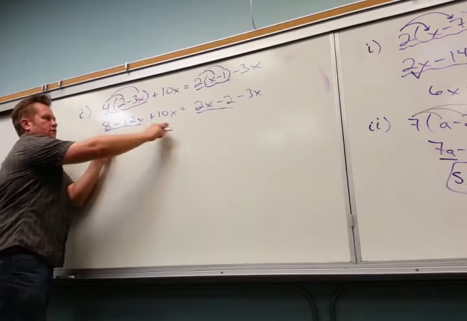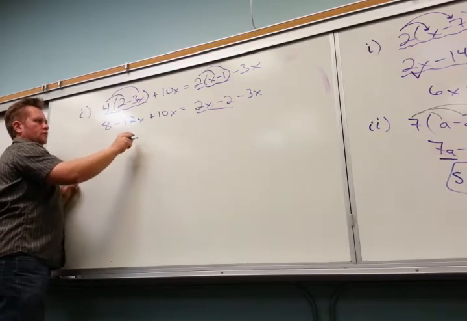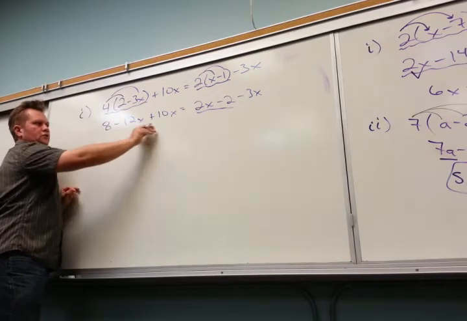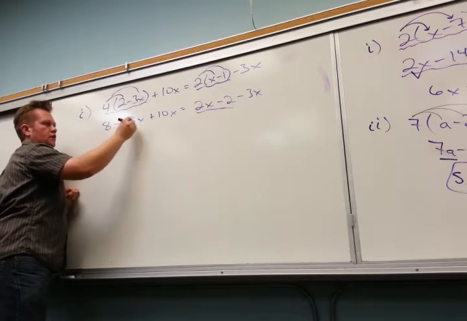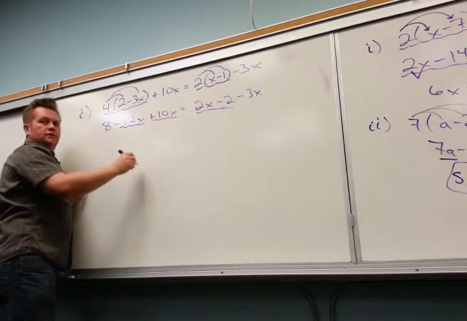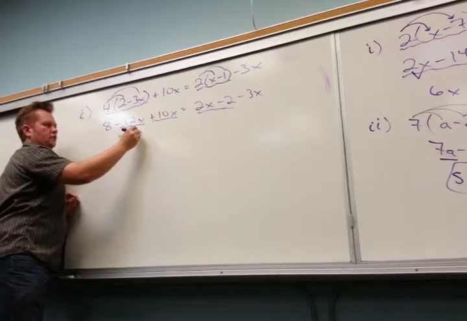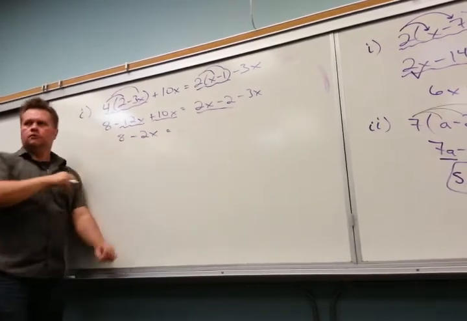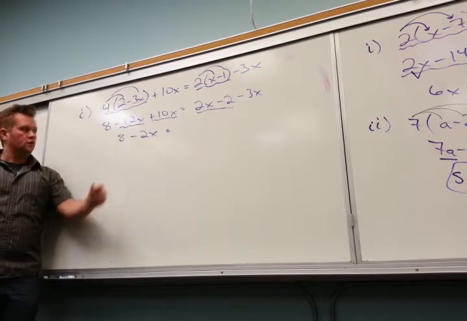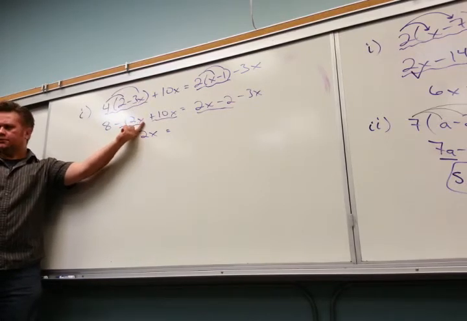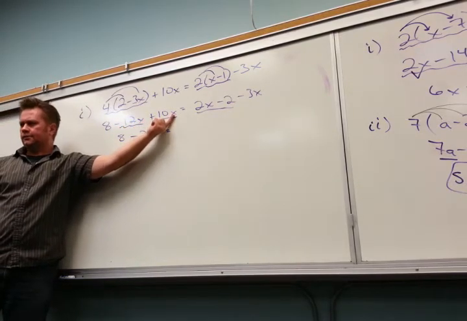What can I do on this side still? 8 minus 12x plus 10x. What's like terms here? 12x and 10x. Yeah, the negative 12x and the 10x. So negative 12 plus 10 is negative 2x. Then do the x's on the other side. So negative 12 x's plus 10 x's.